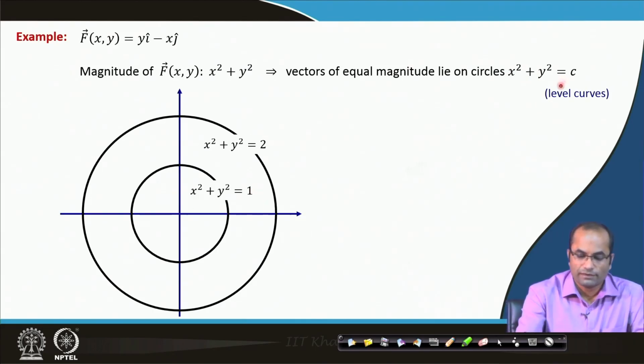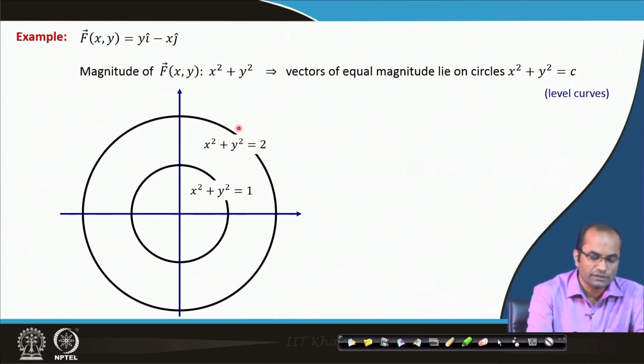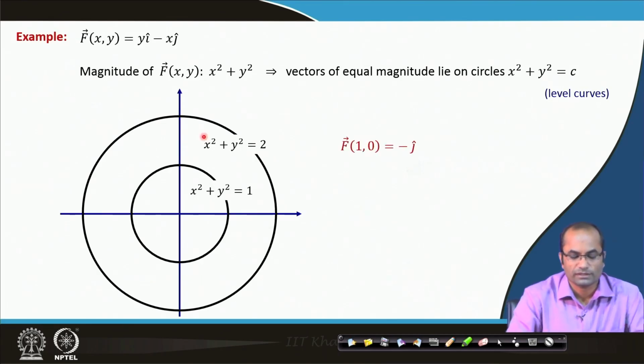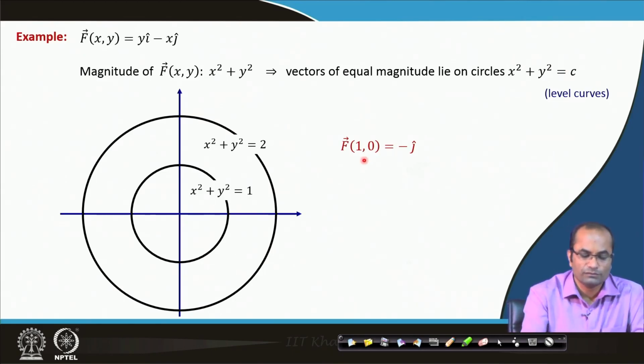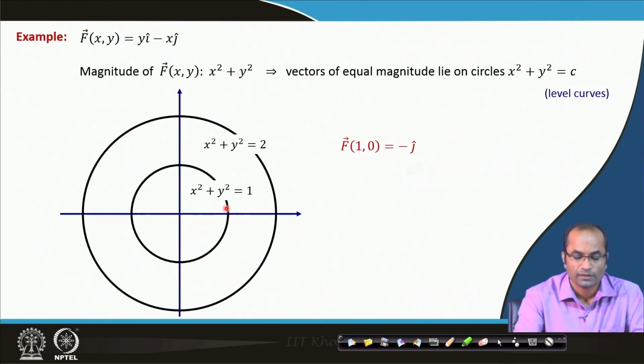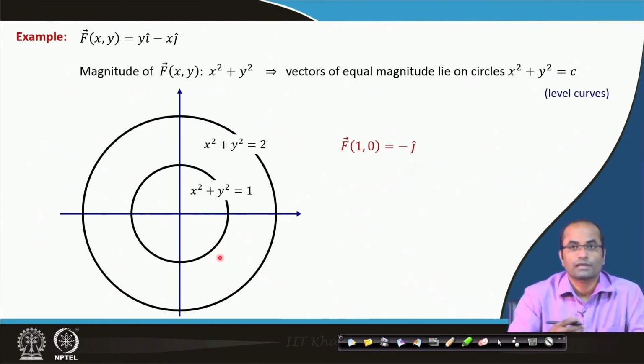In this case we have drawn only two circles. The inner one is x square plus y square is equal to 1, the outer one is x square plus y square is equal to 2, but we can draw many more just by changing the value of c. Now we want to visualize how f at the point (1, 0) looks. We have this point (1, 0), and the value of this vector function is given by minus j. That means the vector points in the direction opposite to j.